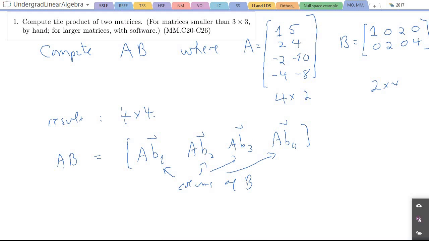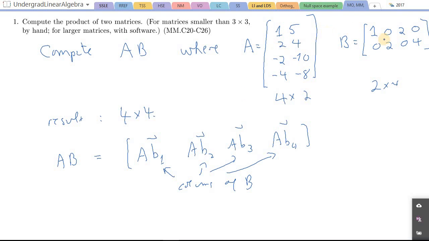Now let's consider AB1. What's the result of AB1? Well, B1 is this first column, 1, 0. When I multiply A by this first column, what's going to happen? Well, the 1 is going to pick out the entry in the first column of A, and the 0 is not going to do anything.